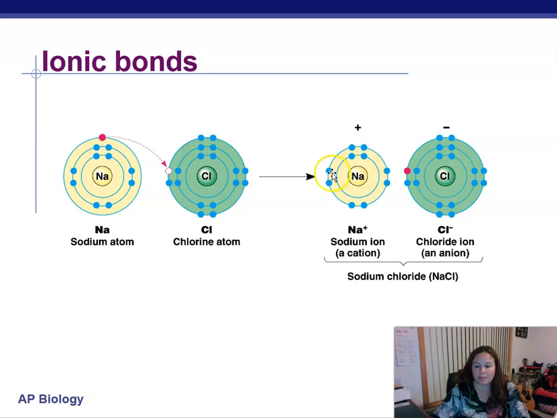These two charged atoms now have different positive and negative charges. So say sodium has 11 protons, 11 pluses in here, and then only 10 electrons, 10 negatives. So that gives it a net +1 charge.